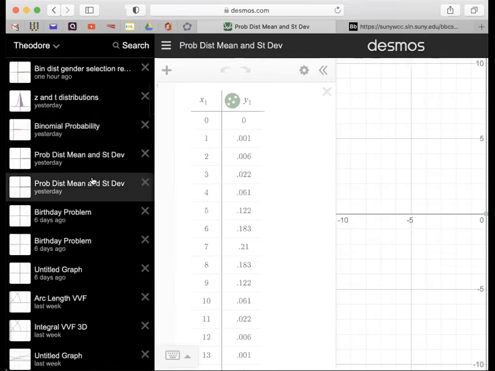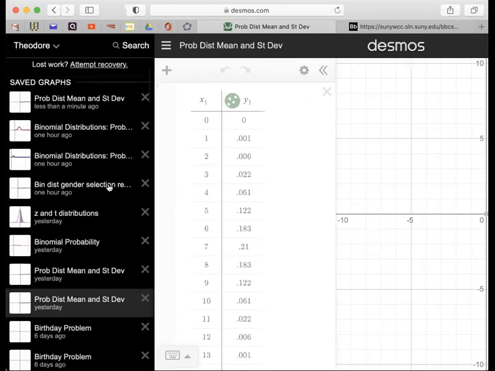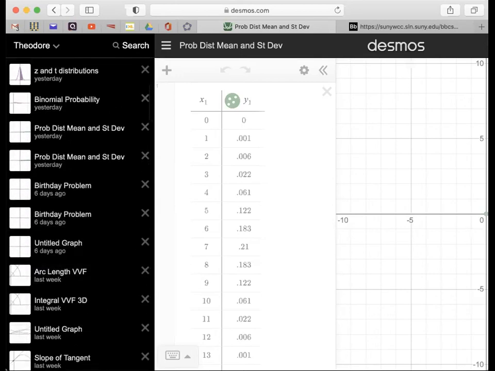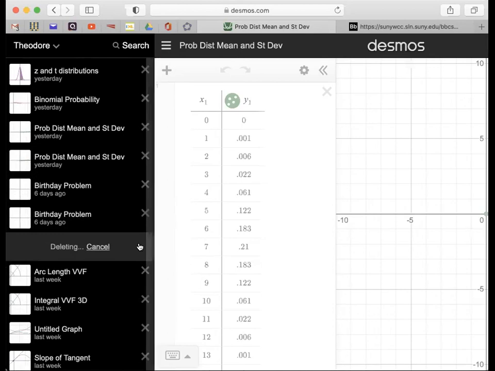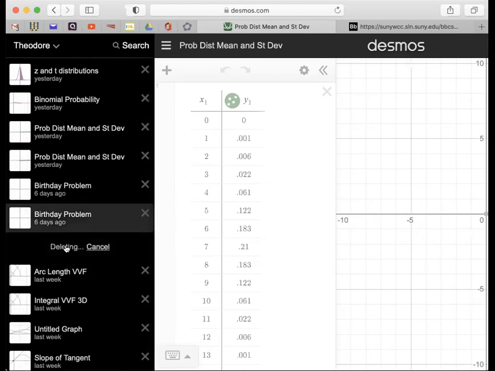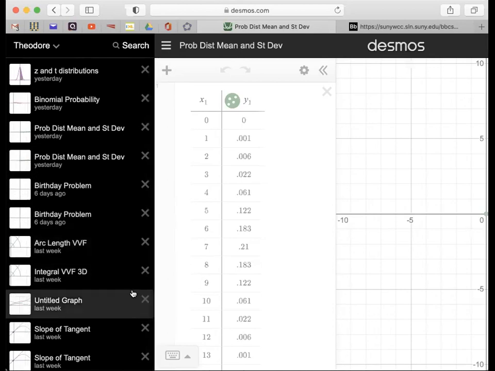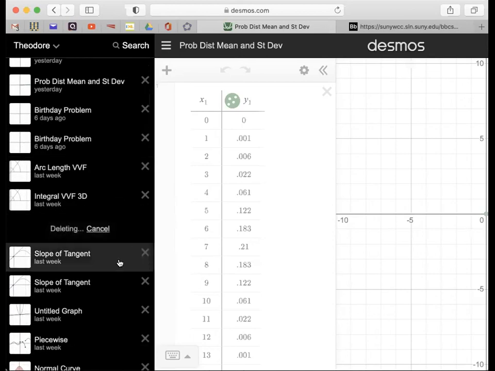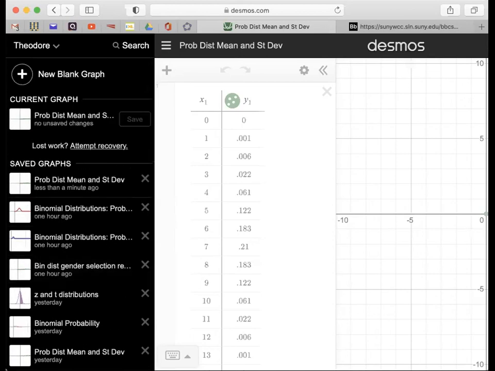You wonder which one of these probability distributions for the mean and standard deviation is the one you're interested in. One day I'll sit down and clean this all up. For example, I don't need the untitled graphs here. I'll give you a second just in case you change your mind. Clean it up a little bit, but it should be there, and that's the plan.